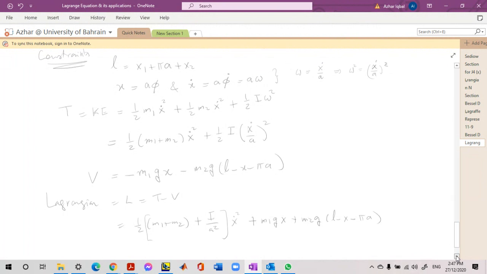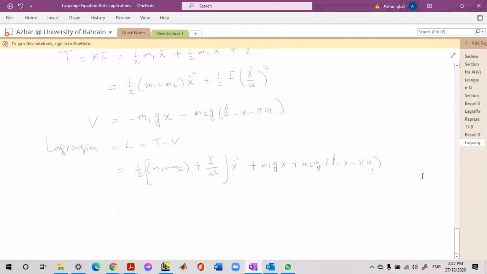So this one can now be rewritten as half times m1 plus m2 plus I over a square times x dot square, plus m1 minus m2 times gx, plus m2 g times L minus pi a.